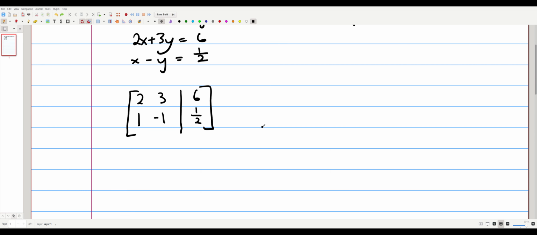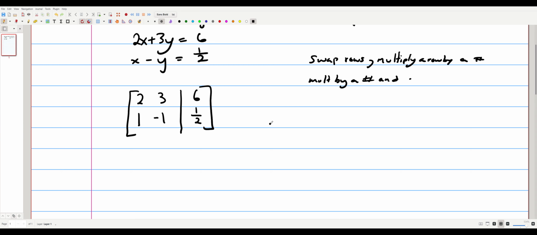Well, remember we have only our 3 tools. We can swap rows, multiply a row by a number, and multiply a row by a number and add it to another row.